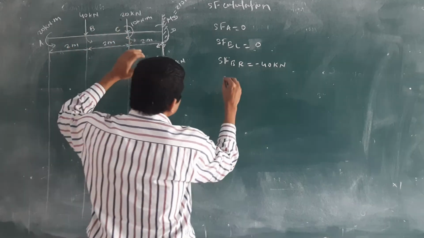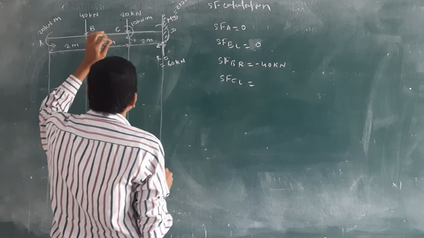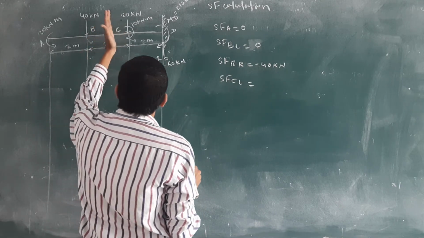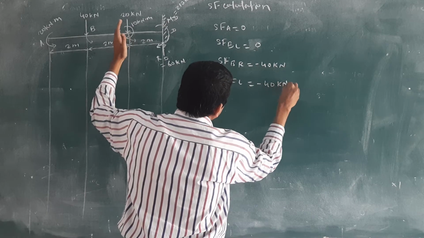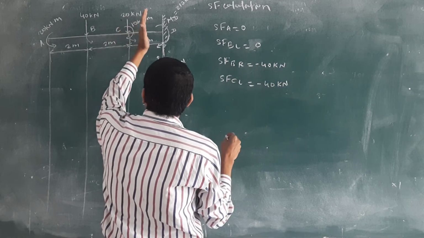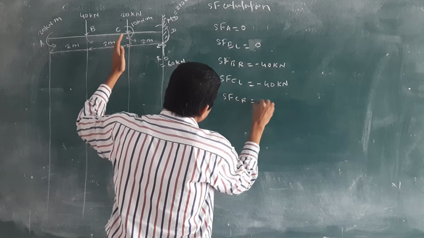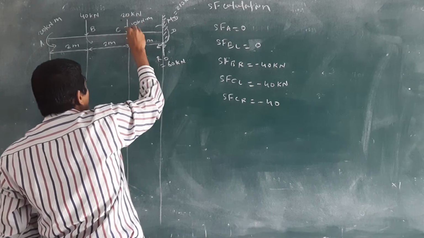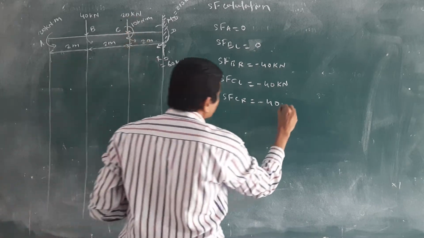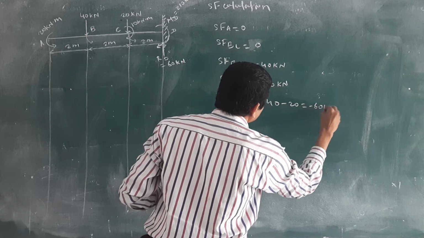Then at C there is again a point load, so you will get 2 points at point C. Except at C, just left side, there is the same load, minus 40 kilonewton. Just right side, minus 40 and again this load is in the downward direction, minus 20, which means you will get minus 60 kilonewton.